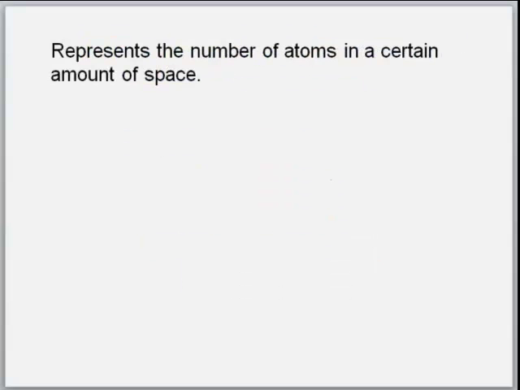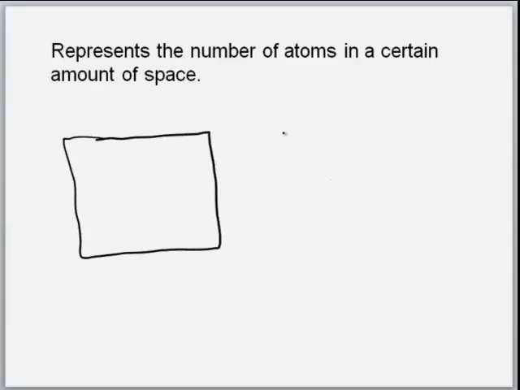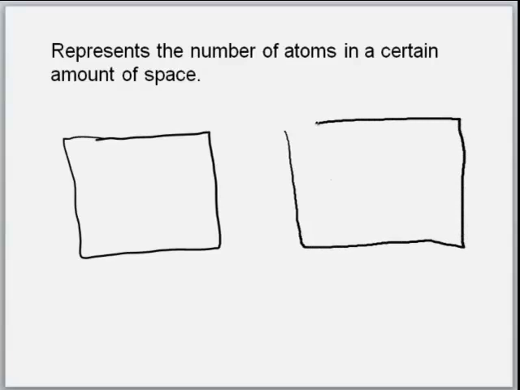Anyway, so as we said a little bit in the beginning of the presentation, density is represented by the number of atoms in a certain amount of space. So let's say you've got two different types of objects in the same amount of space. Their structure, in other words, the way the atoms are arranged, is going to determine the density.